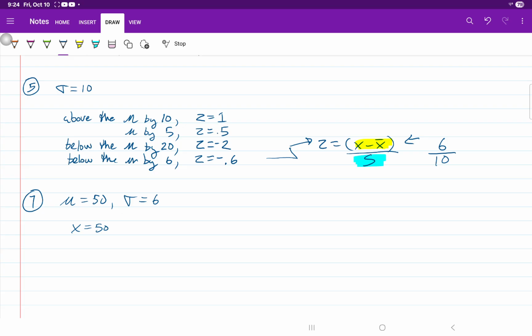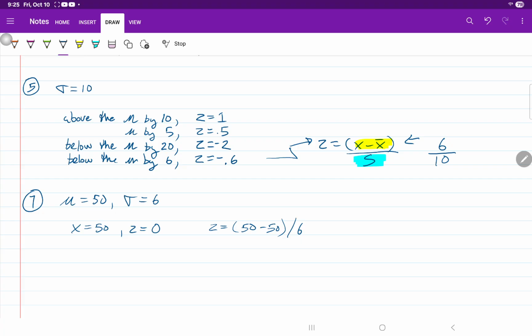You actually don't need a formula in this one because the score in question is the same as the mean. So using the formula, we'd have z equals 50, our score, minus 50, our mean, divided by 6, our standard deviation. 50 minus 50 is 0. 0 divided by anything is 0. So our z-score would equal 0.